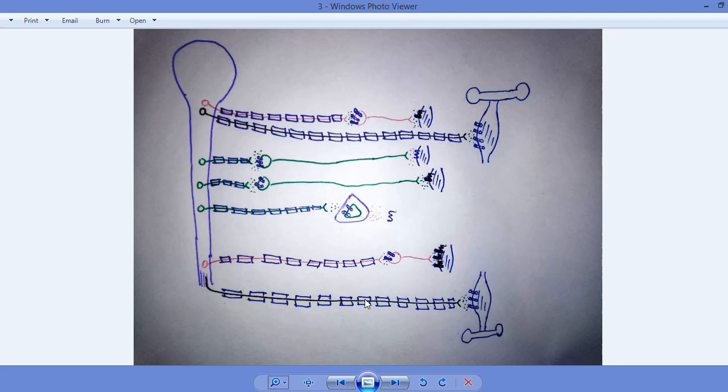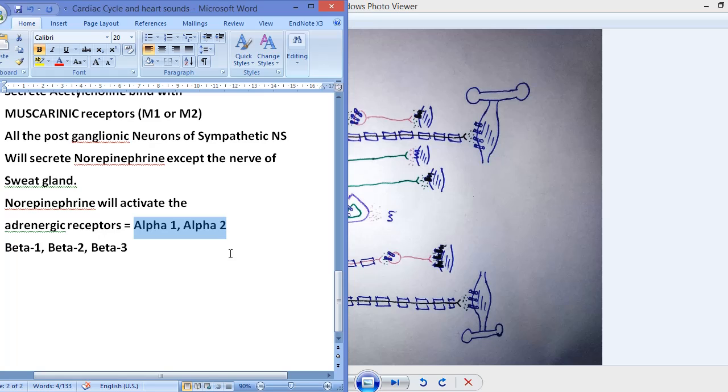It is highly myelinated. The preganglionic neuron of the sympathetic and parasympathetic nervous system will be lightly myelinated as compared to the somatic nervous system. So what will be myelinated?